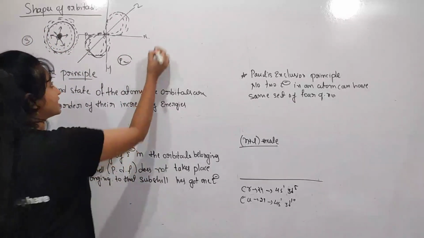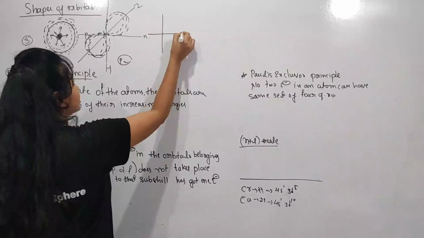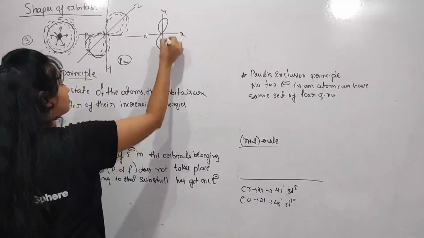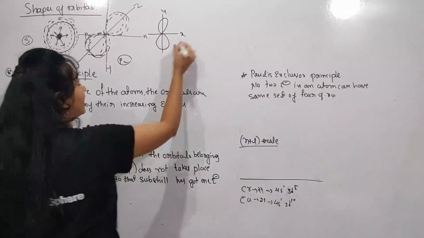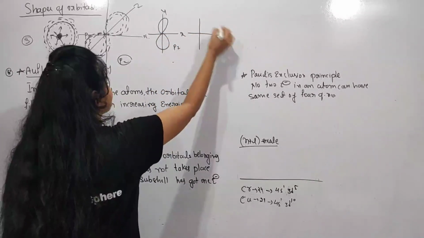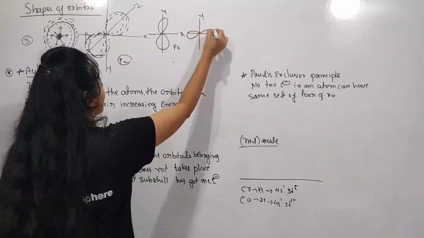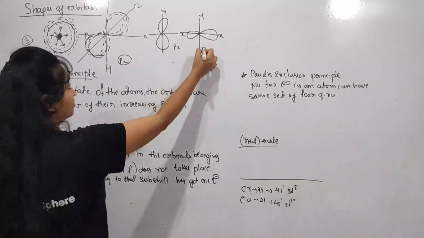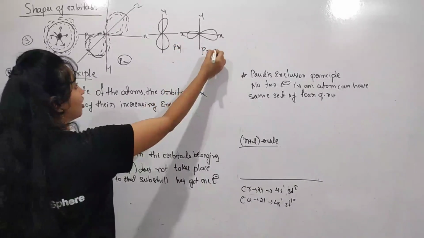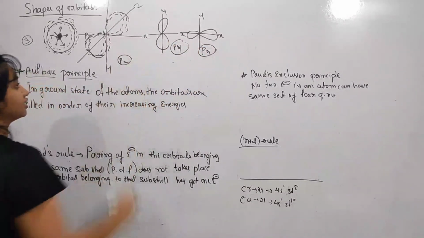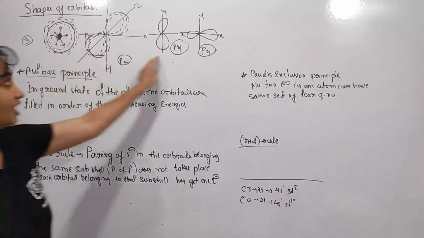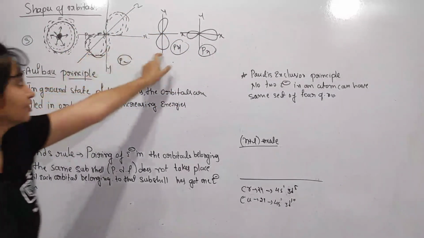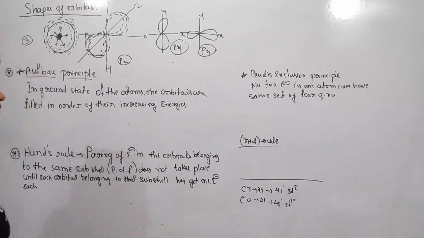This is our pz orbital, and this is x and this is y, this is our py orbital, and next, this is our x and this is our y, we have a px orbital like this. So px, py, pz are along three different coordinates. P orbitals are dumbbell in shape.